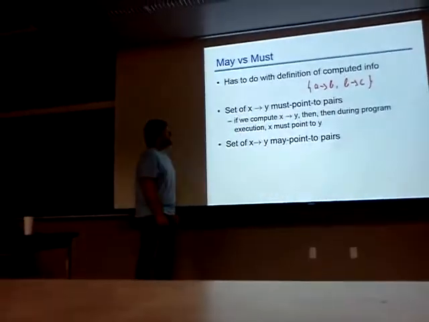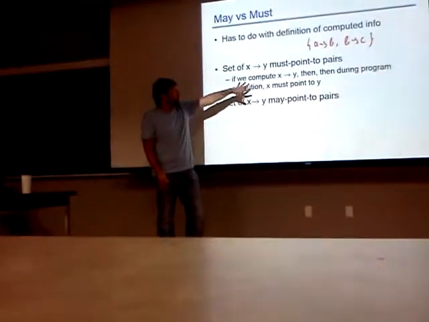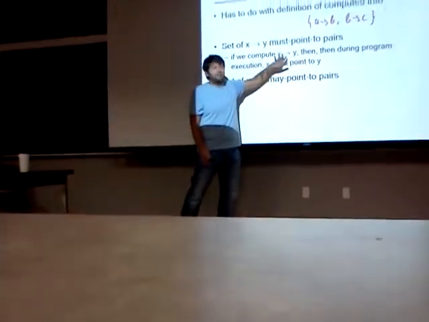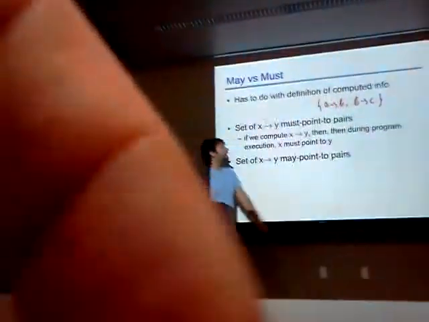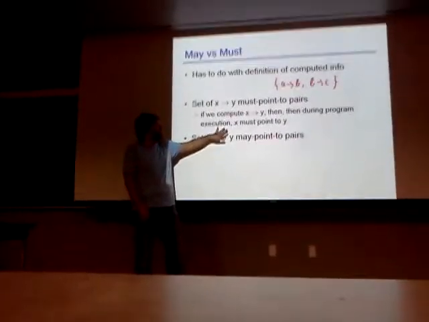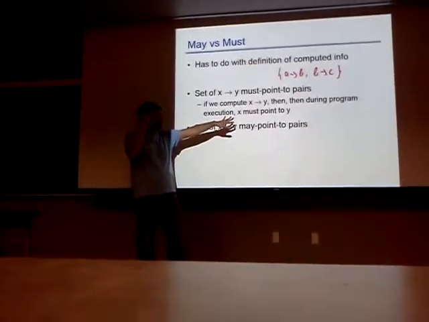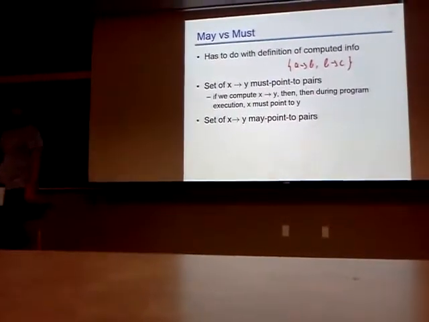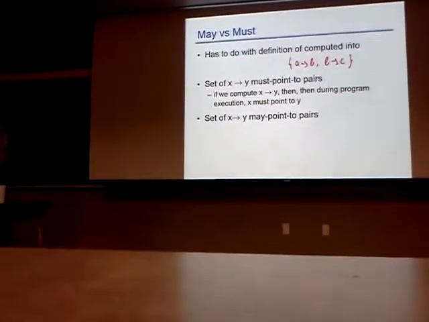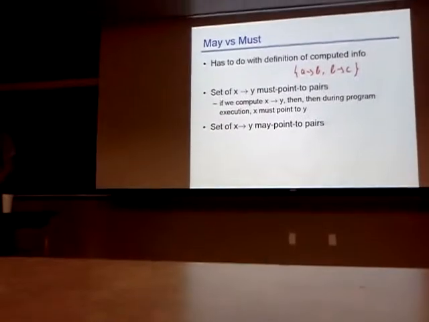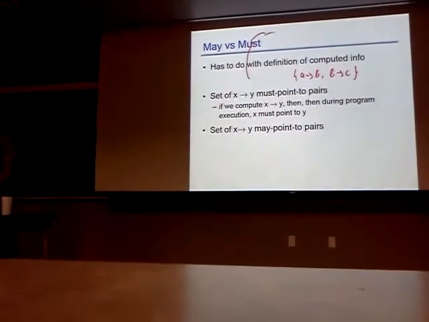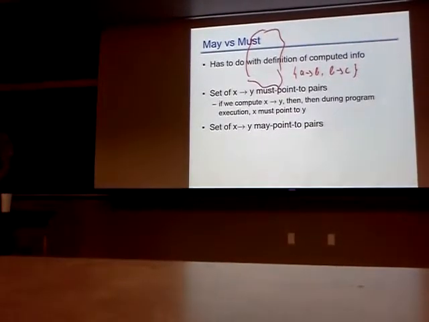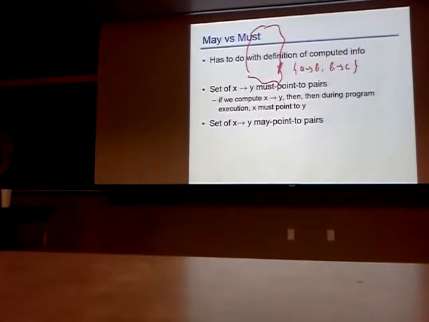In other words, if we compute a set of the form X points to Y, then it means that during program execution, no matter what path you take, at that point where you computed that, X must point to Y. Does that make sense? If I have a control flow graph, let's say I'm going to draw a control flow graph here, and there's an edge right here in this control flow graph.